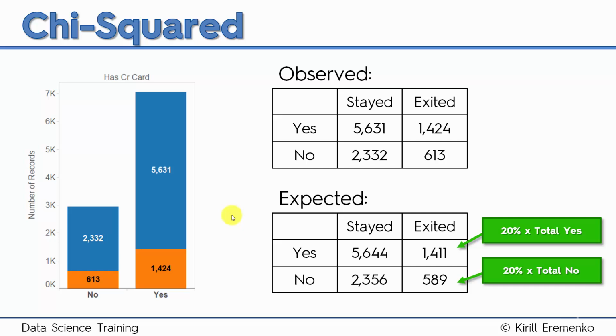But before we do, I wanted to highlight that in Excel we're going to get some result, and it's probably going to be not statistically significant, meaning that there is no difference whether you have a credit card or not. But what you can see is that in this chart, and in these tables that we're preparing for the chi-squared test, it's all very complicated to see this.